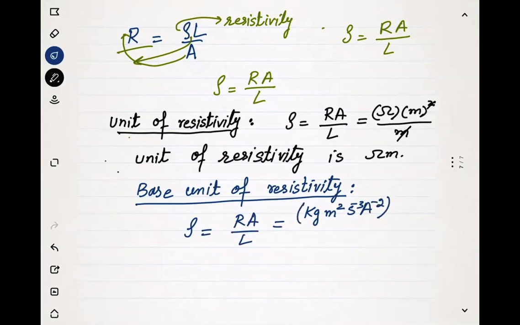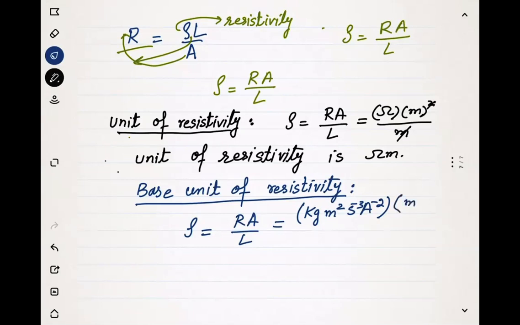This is the base unit of resistance that we already found. One method to memorize this is that resistance is power over current square. Power is kilogram meter square second minus 3 over current square, which is ampere square. So this is the base unit of resistance.